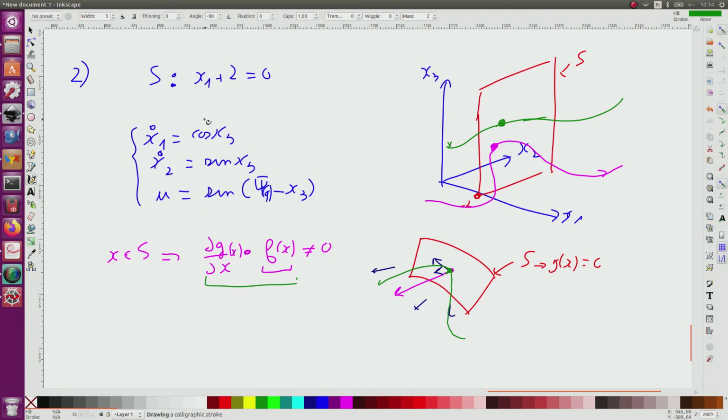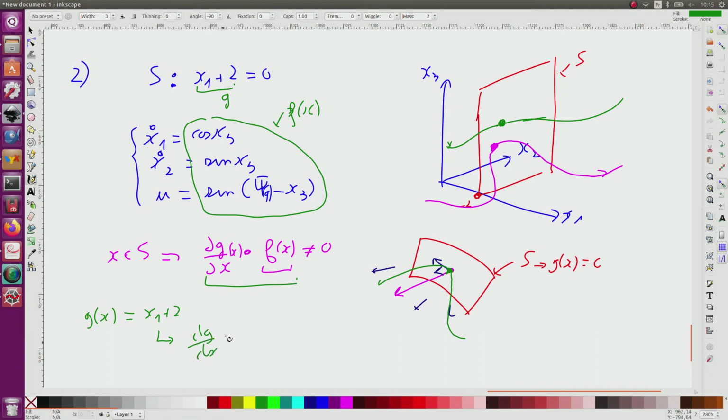In my situation, this corresponds to f of x. This corresponds to g. So I will compute the gradient of g. The gradient, so g of x is equal to x1 plus 2, and the gradient at point x is equal to the derivative of g with respect to x1, so it will correspond here to 1, 0, and 0.